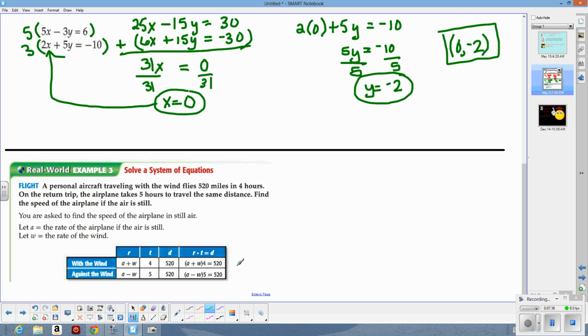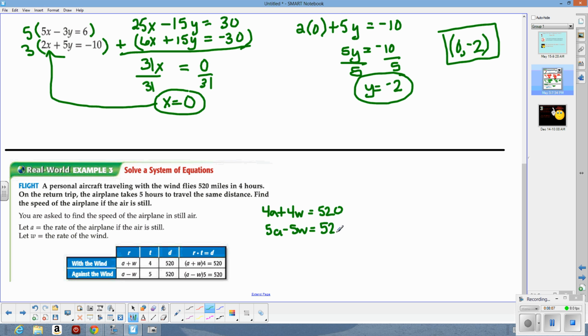So if I simplify this over here, this is really 4a plus 4w equals 520. And on the bottom, I have 5a minus 5w equals 520.